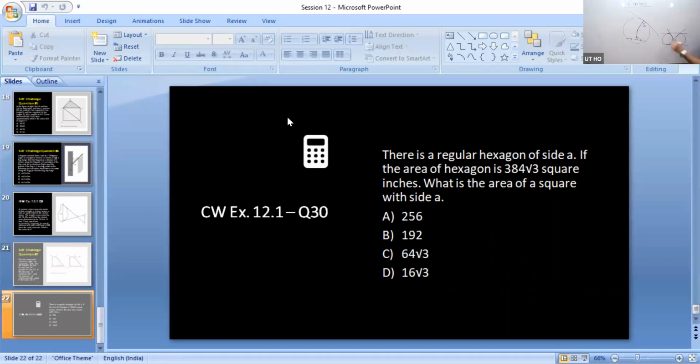Okay, if two circles are cutting each other or intersecting at 2 points, how many common tangents can be possible? Only 2. So we have only 2 common tangents. Okay, if one circle is inside the other circle, how many tangents are possible? No tangent. If I try to draw one, it will cut at 2 points, so there is no common tangent.